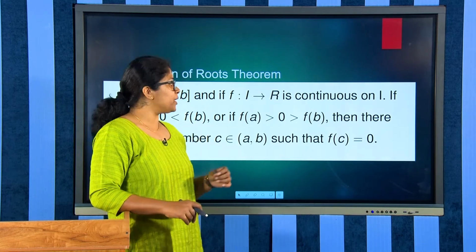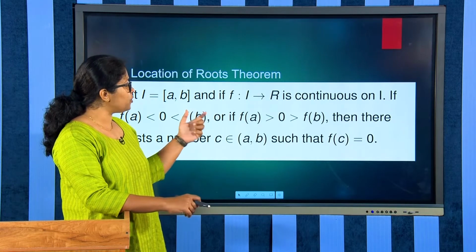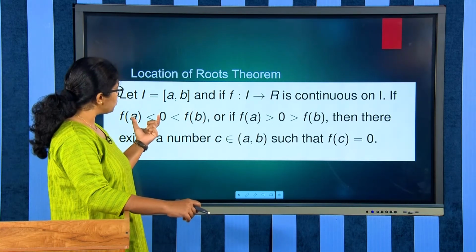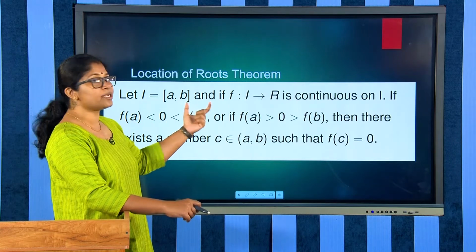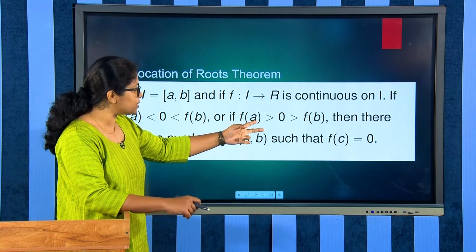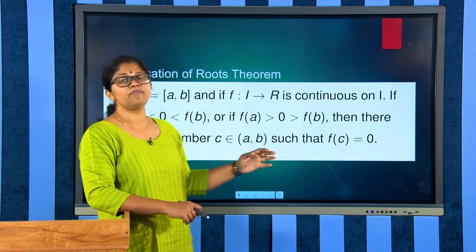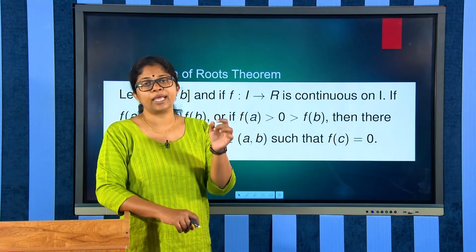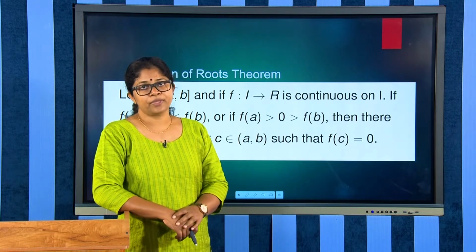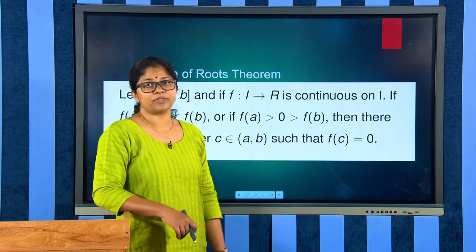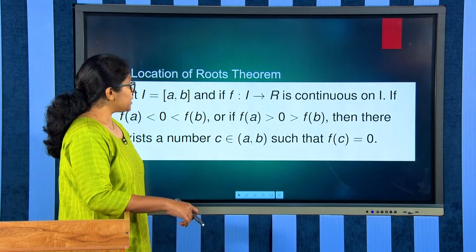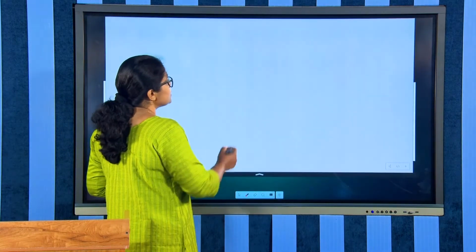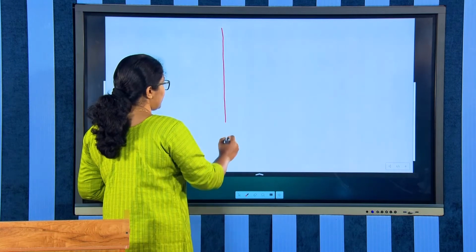So, if we are able to find two values for which one is less than 0 and the other is greater than 0, or vice versa, definitely we can have a real number solution of that equation between the two values.